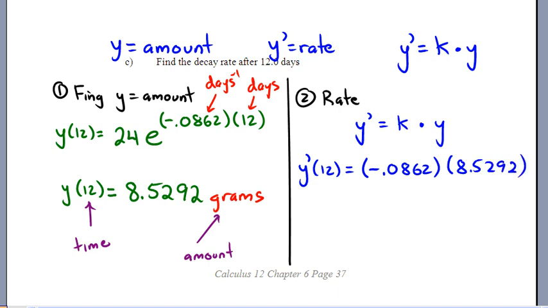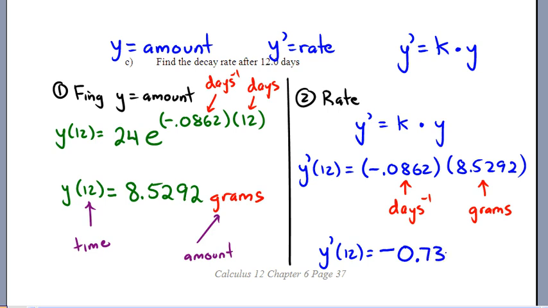That's it. The units here are going to be awesome because this will be upside down days, and this will be grams. And then when you multiply those out, that rate at 12 days, it's diminishing. We're still losing stuff. It's decay. -0.7353 grams per day.